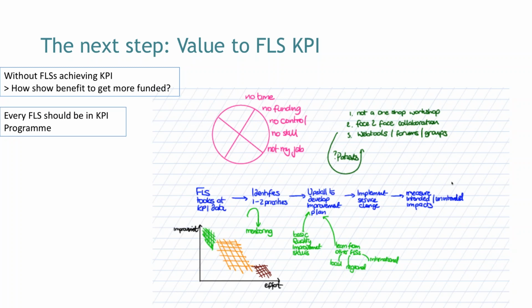But I hope I've been able to share with you the real imperative to do this if we're going to deliver FLSs that are effective at working. Once again, this isn't about a gold standard or a diamond standard or a platinum standard FLS. These are basic key performance indicators for a level 1 FLS to work.